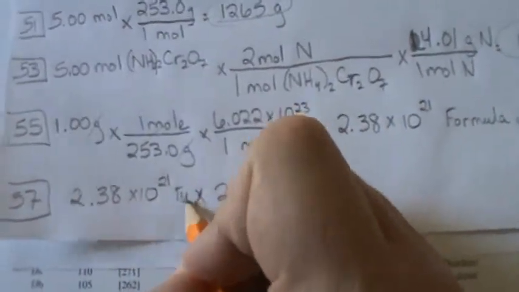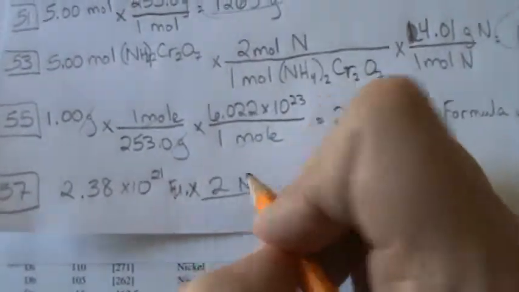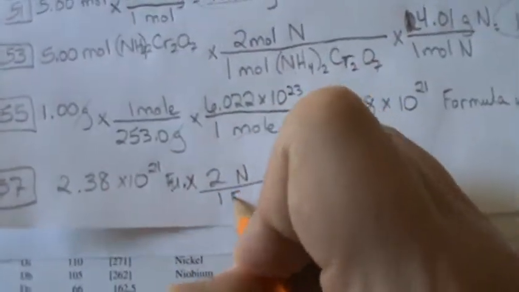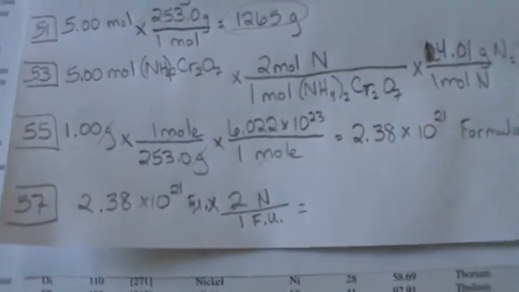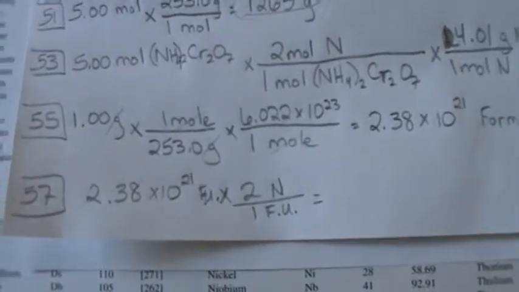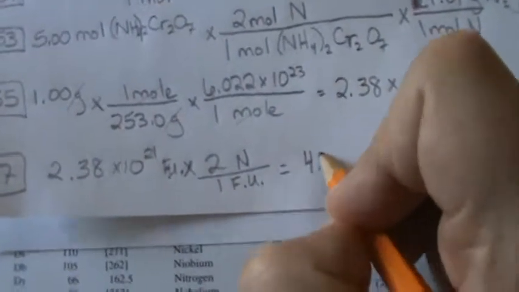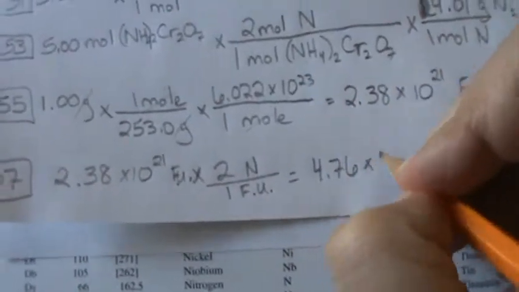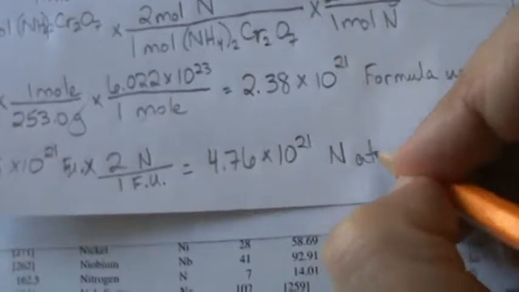So I could finish this out with 2 nitrogens per 1 formula unit. 2.38 times 10 to the 21st times 2 gives me 4.76 times 10 to the 21st nitrogen atoms.